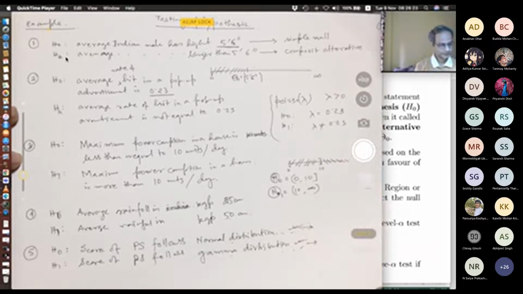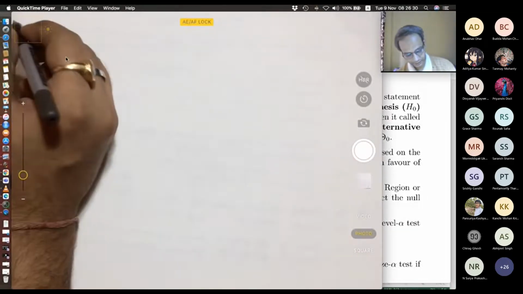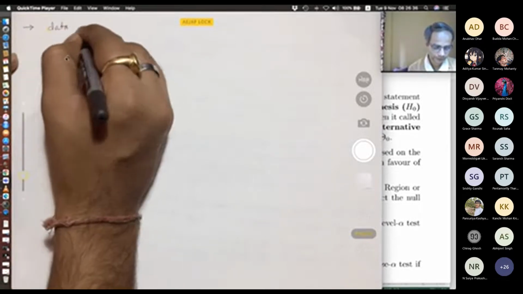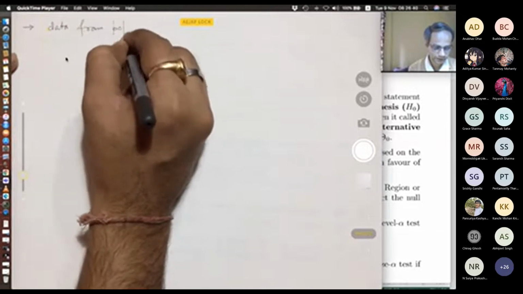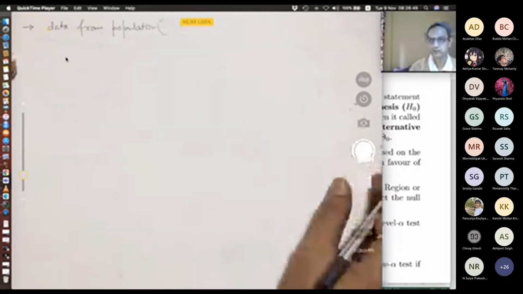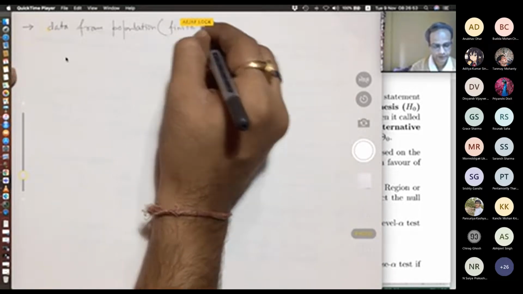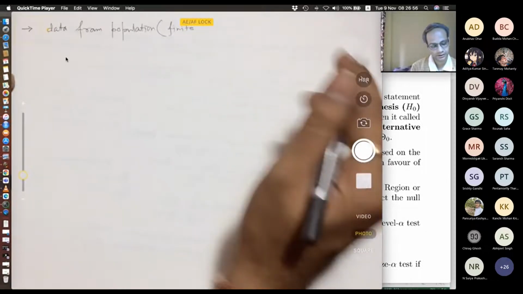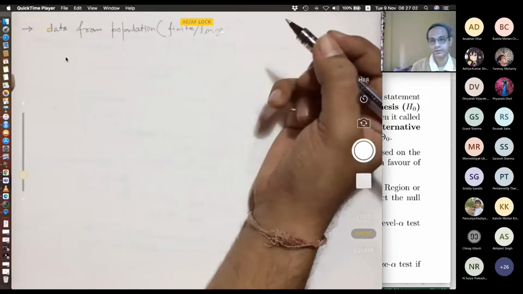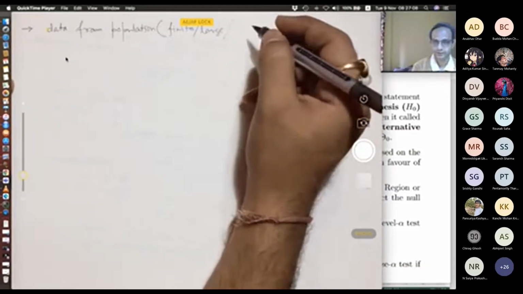Now, what happens? You have data from a population, that may be a finite population like your class, or a large population, that means you can take n going to infinity, like the population of India, or a theoretical population.